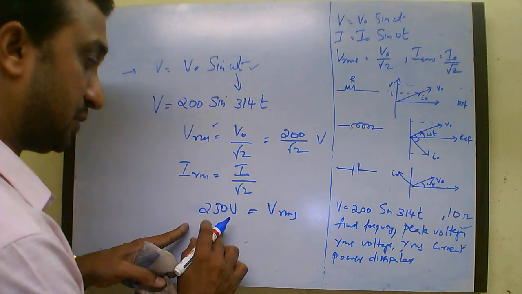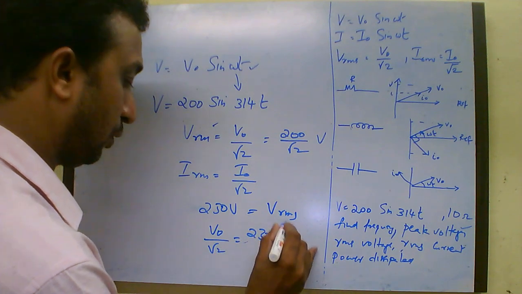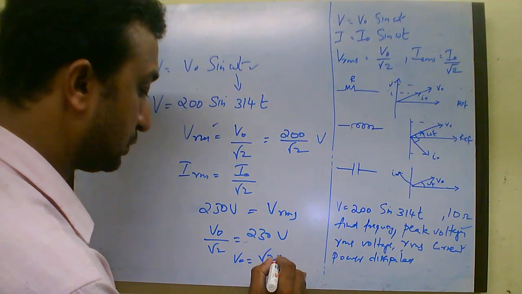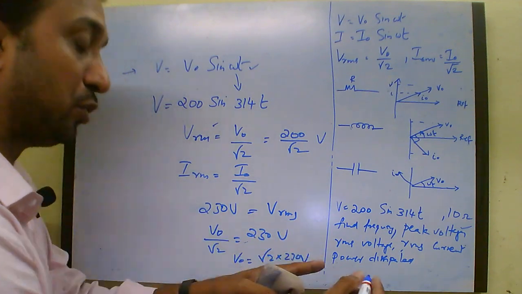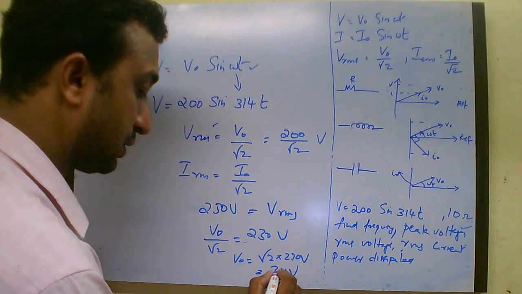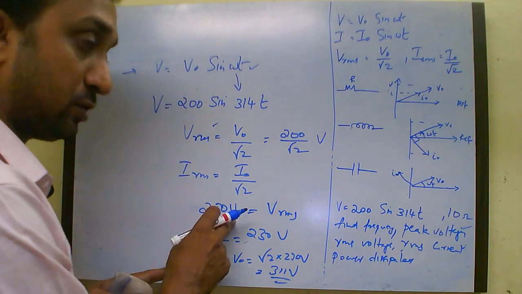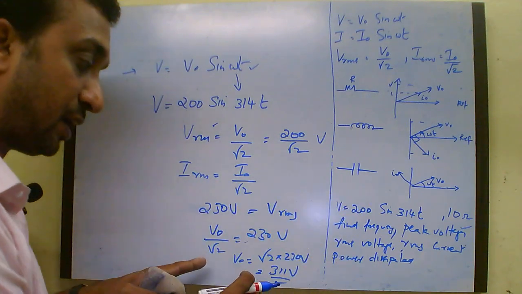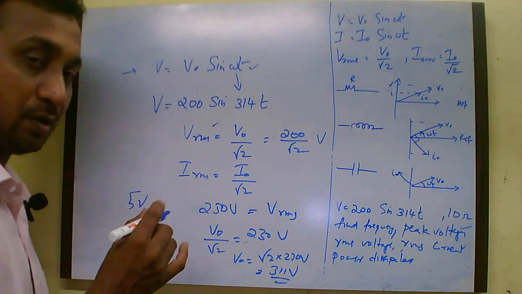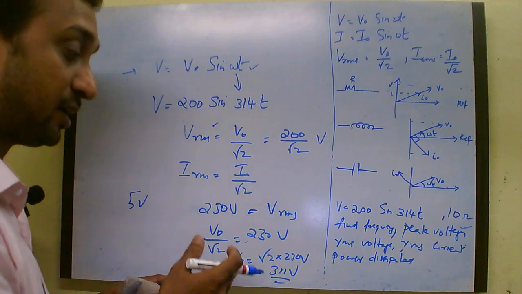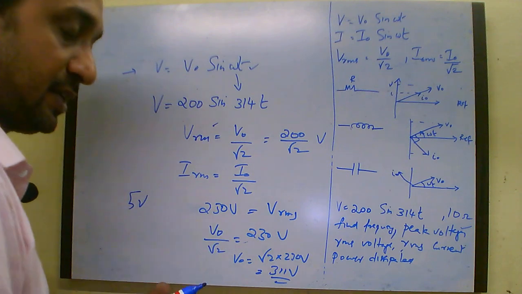So VRMS is 230, or V0 by root 2 is 230 volt, or V0 is root 2 times 230 volt, which means the peak value of the voltage can reach up to root 2 times 230, some 311 volt. So voltage can vary up to 311. What you are expecting is 230, but it can vary up to 311. But if you compare it with DC, if it is 5 volt, the maximum value it can reach is 5 volt. You can't expect more than that. So that is why the AC is considered more dangerous compared to the DC.